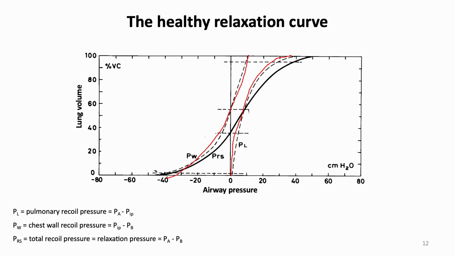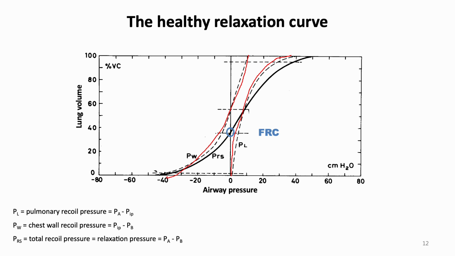So let's start off here where the solid line crosses the y-axis. That's actually functional residual capacity. So as this subject assumes functional residual capacity and closes the airway, the pressure within the airway is 0.